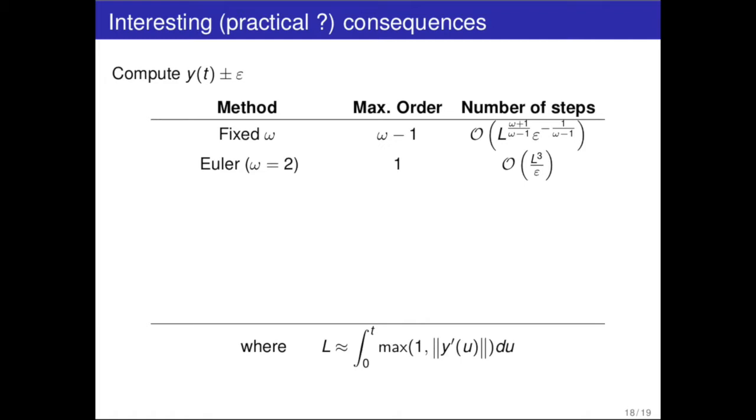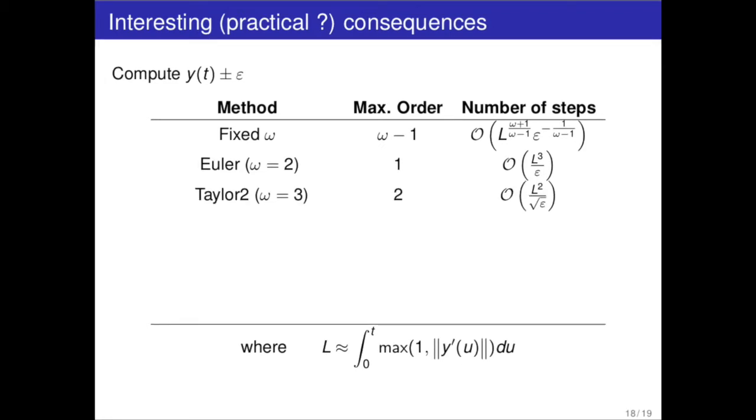Now the funny thing is that if you increase the order just a little bit, by 1, it's not much, then already you go from cubed to squared. You take the square root of the epsilon, which means that for concrete examples, the difference between these two bounds is actually huge.